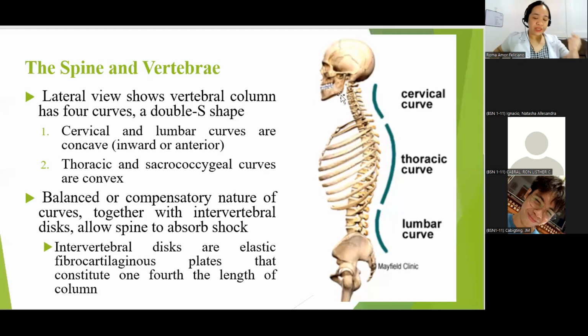Okay, balance or compensatory nature of curves together with intervertebral disc allows spine to absorb the shock. Intervertebral discs are elastic, fibrocartilaginous plates that constitute 1/4 the length of column. So, ibig sabihin, itong balance or compensatory nature of the curves that we have, hindi siya very straight, ano? This is designed para kapag ikaw ay tumatalon, ikaw ay tumatakbo, merong na-absorb yung shock ng gravity.